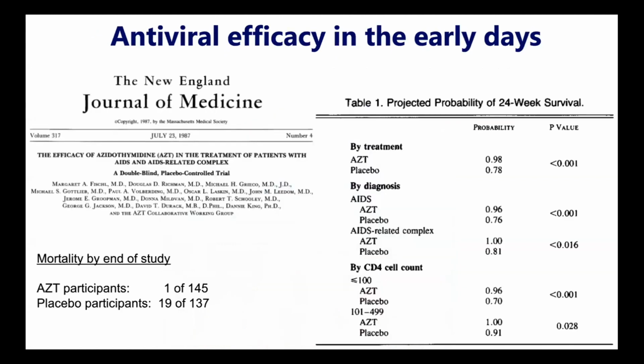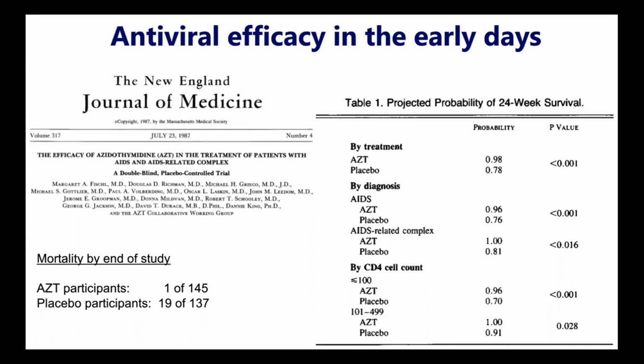So let's get to antiviral drugs. The first one was AZT, and all we had was one drug. So we conducted a study to see whether that would benefit patients, because the first drugs tried all had no efficacy and some had toxicity.